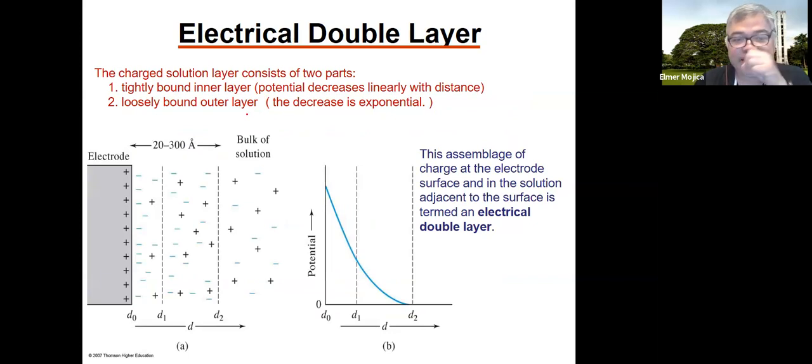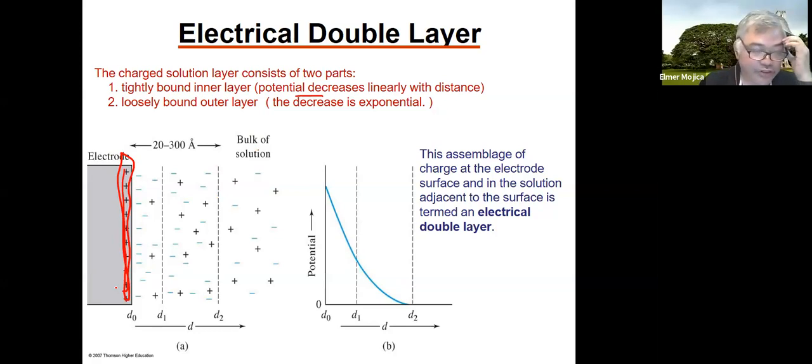You can have the tightly bound inner layer. And if you look at this tightly bound inner layer, the potential would decrease linearly with distance. So this is the electrode, this is the solution layer that you have, and this is the bulk solution. The surface of the metal electrode has an excess of positive charge. So that's the positive charge that you have there.